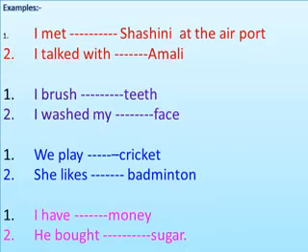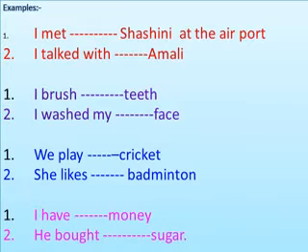We don't say 4 money, 5 sugar. We have to say 5 kilos of sugar. Look at the example. I have money. We don't say I have the money, because "the" cannot be used before money. He bought sugar. We never say he bought the sugar.